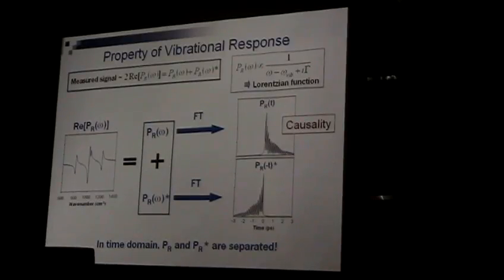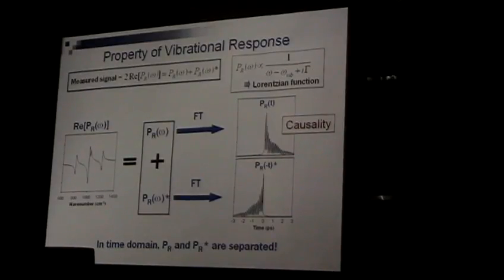That's the real part. Now, if you Fourier transform this, basically looking at this guy in the time domain, the Lorentzian function already has causality inside. It means before time 0, you don't have any vibration. So if you Fourier transform this one, it looks like that. You don't have any vibrational motion, and from time 0, it's just excited and just decaying, oscillating.